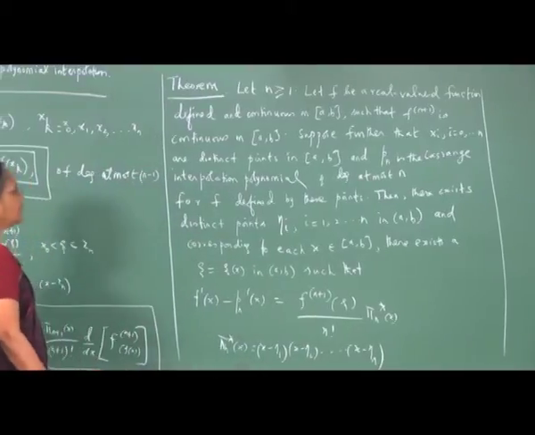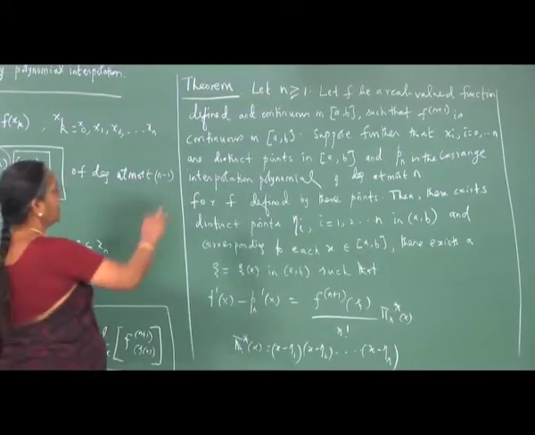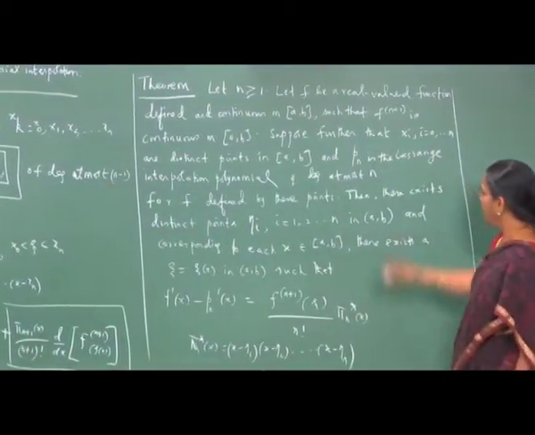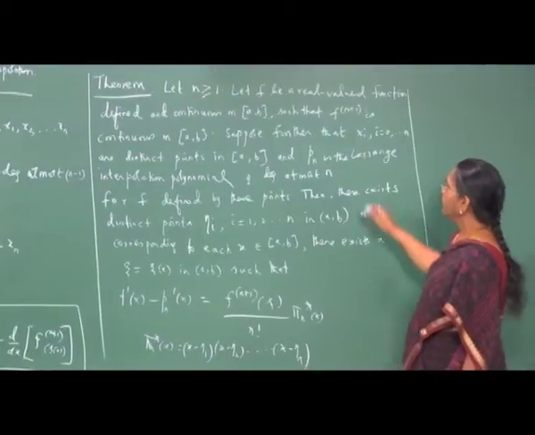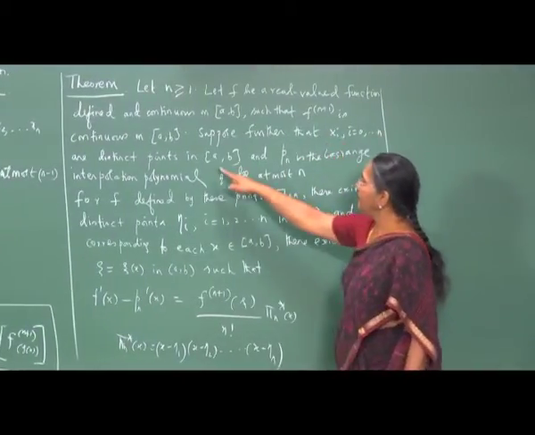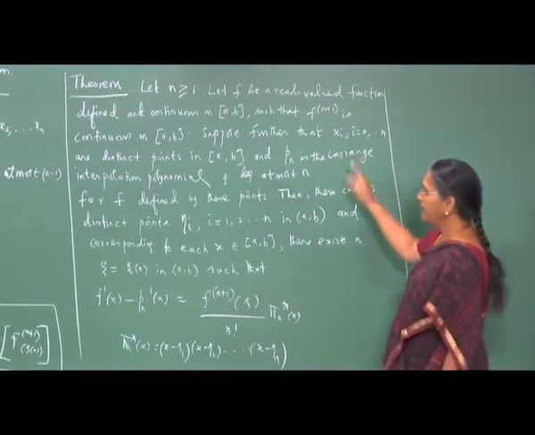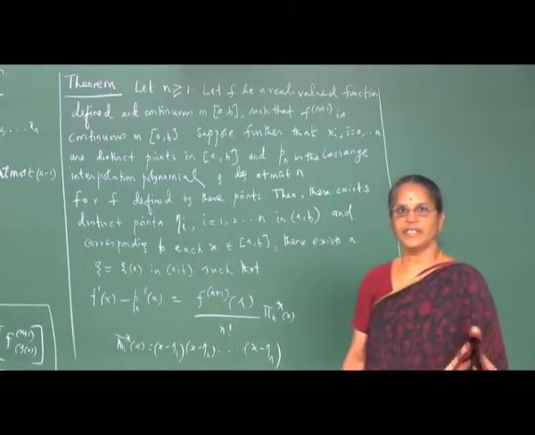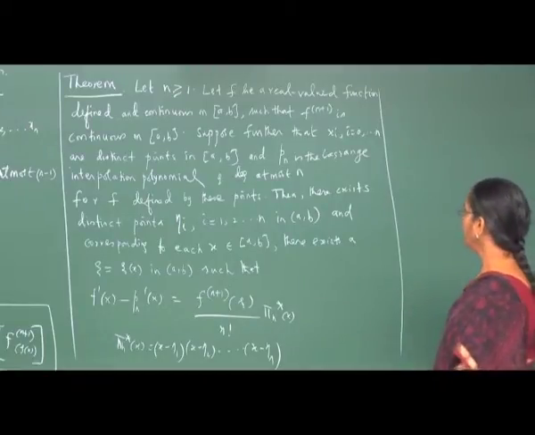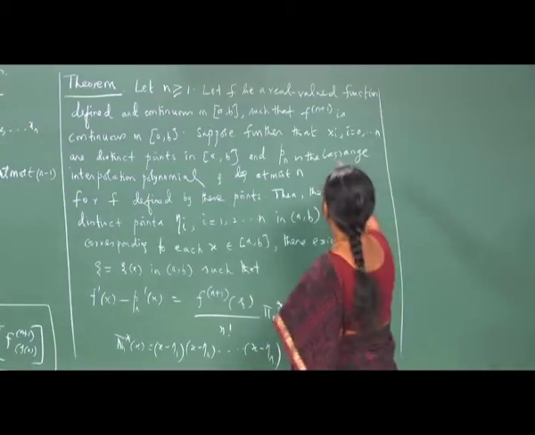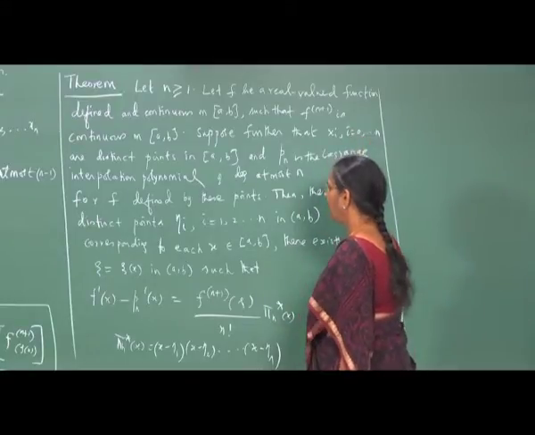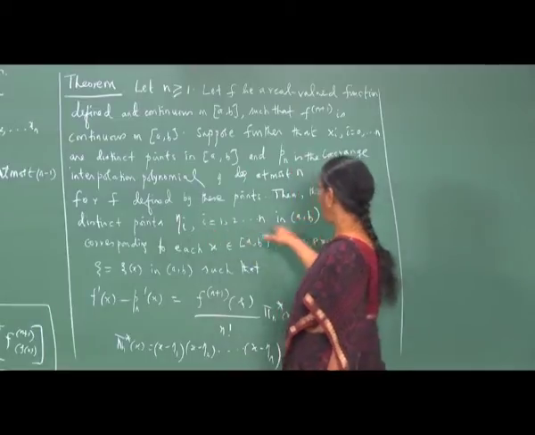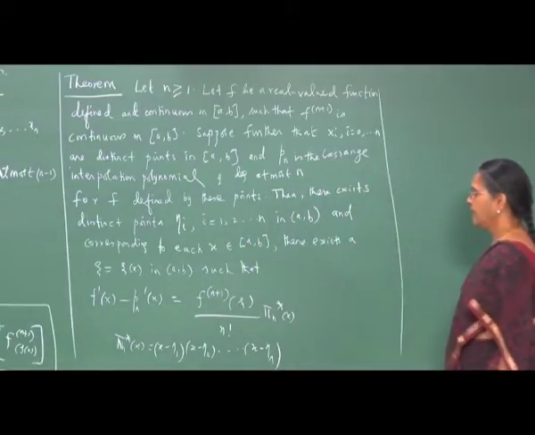So, what does it say? f satisfies certain conditions. In addition, if you have distinct points xi in the interval [a, b] and Pn is the Lagrange interpolation polynomial for the function f in that interval that interpolates the function at these n plus 1 points, then you will be able to find distinct points eta i in the open interval.